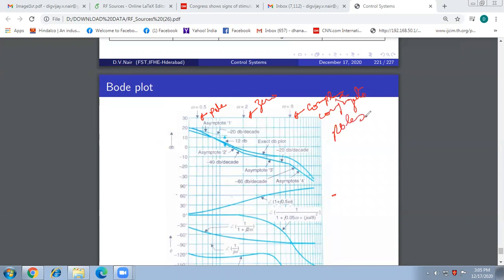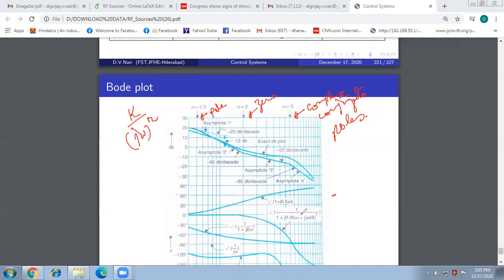We know in the low frequency region, that is below 0.5 radians per second, it is the term k upon j omega to the power r that will be dominating. And we know the asymptotic plot contribution of this term, which we have seen. That was a straight line passing through 12 dB at omega equal to 1.